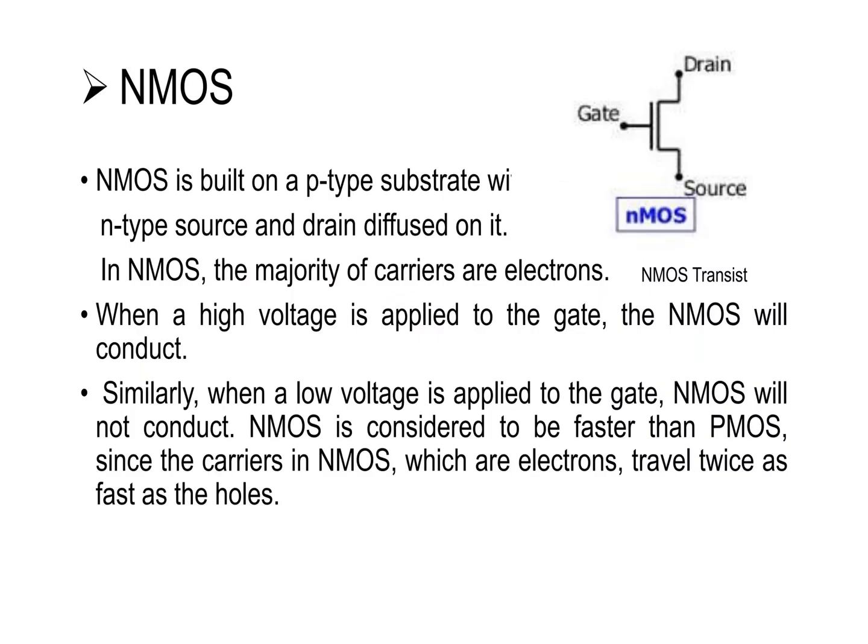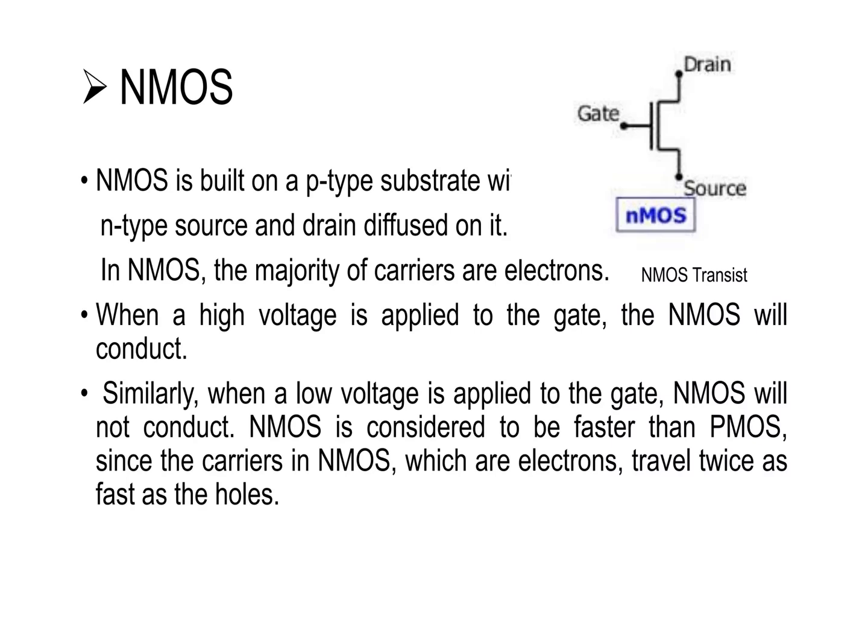NMOS is built on a p-type substrate with n-type source and drain diffused in it. In this NMOS, the majority of the carriers are electrons, and when a high voltage is applied at the gate, the NMOS will be conducting. That is, at input 1, NMOS will be switched on, and at input 0, NMOS will be switched off.